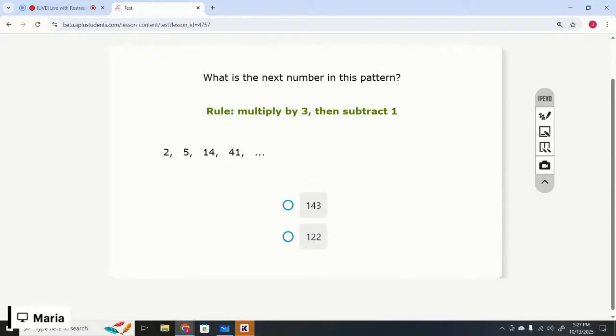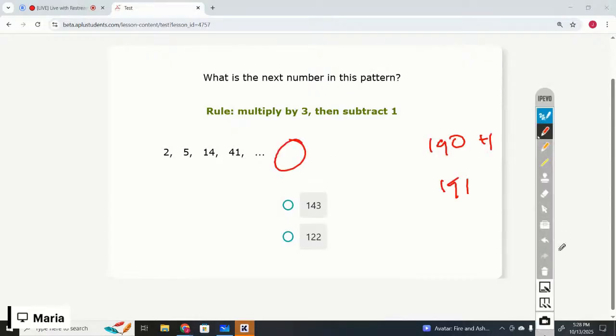What is the next number in the pattern? Multiply by 3 and then subtract 1. 41 times 3 is, 3 times 1 is 3 and 3 times 4 is 12. You need to subtract 1.